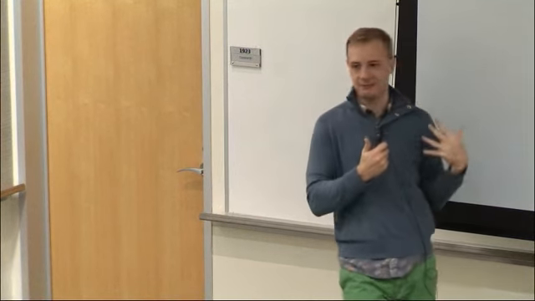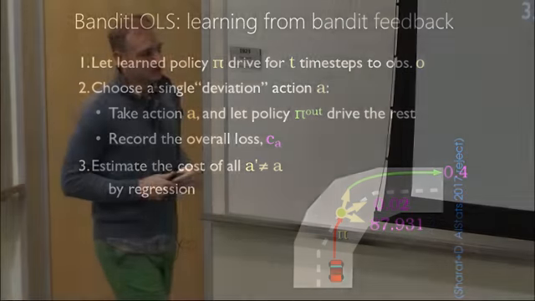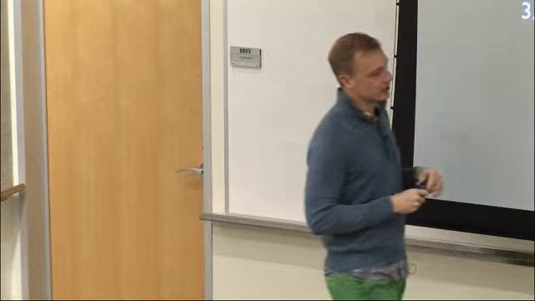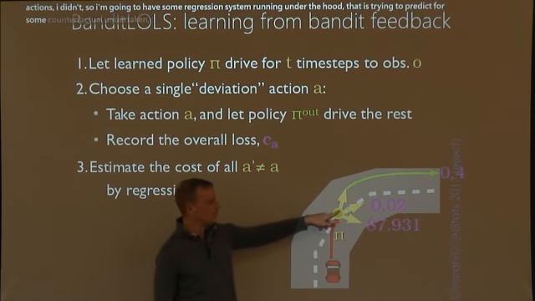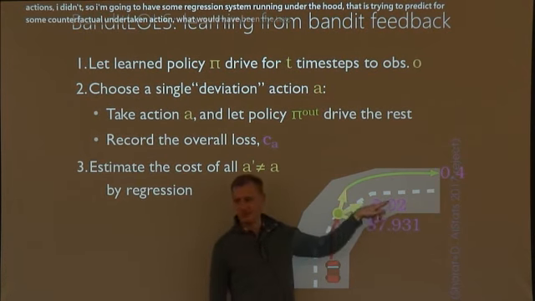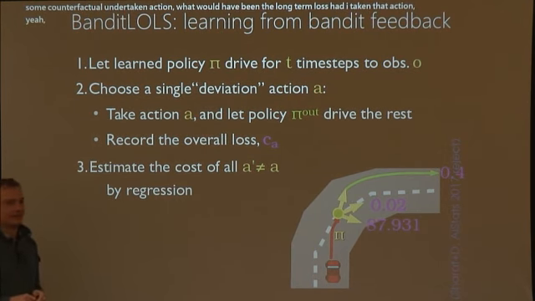Okay, but now I can't rewind time, but I'd still like an estimate of the cost of the actions I didn't take. So I'm going to have some regression system running under the hood that's trying to predict, for some counterfactual untaken action, what would have been the long-term loss had I taken that action. Okay, so, yeah. Why can't you rewind time?